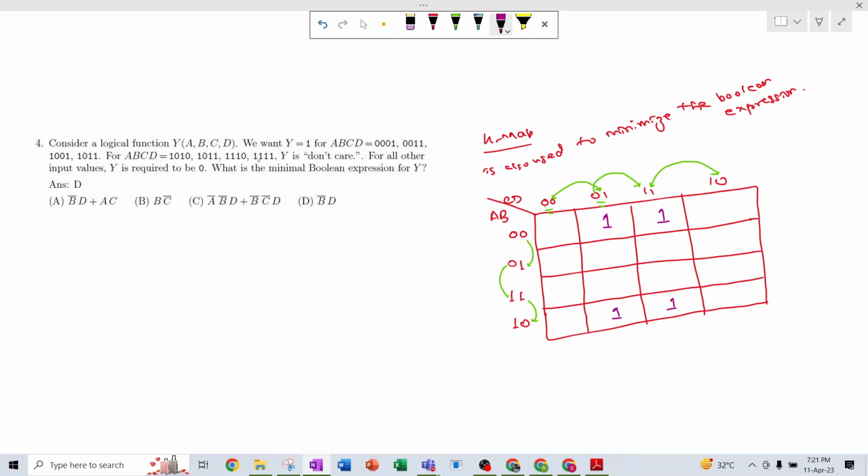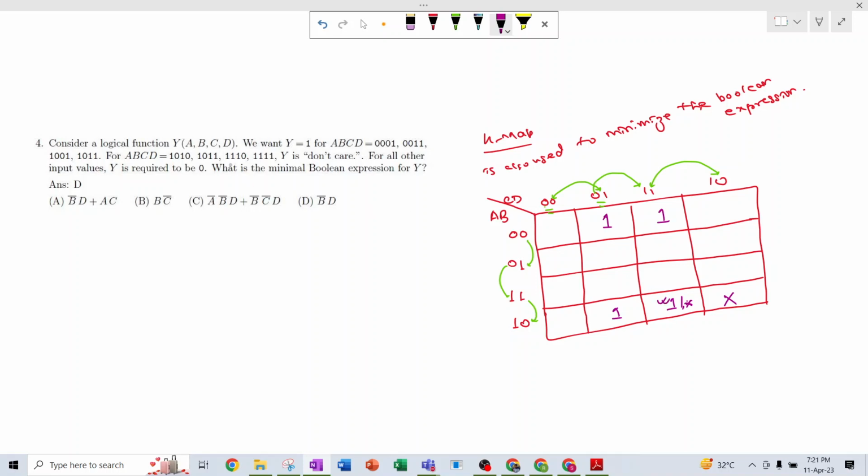Okay, and then for this thing it is don't care, 1010. So for don't care we use this symbol cross. 1010, and then 1011, but this thing is already 1, so we don't consider it as don't care, it is basically the 1.